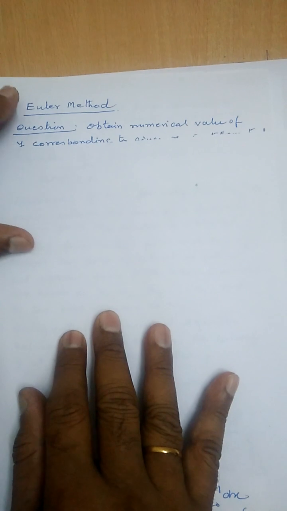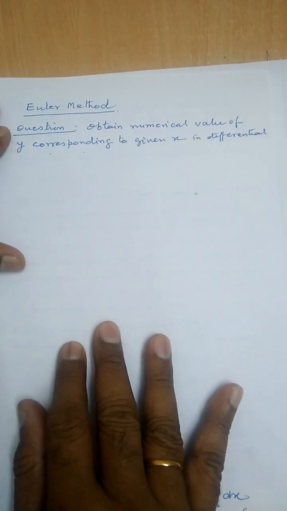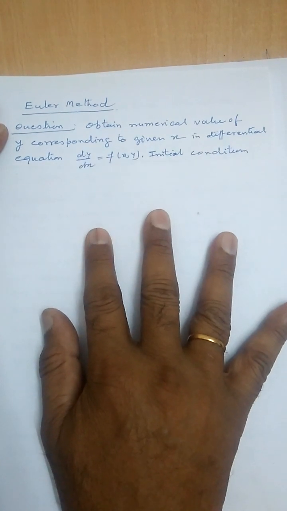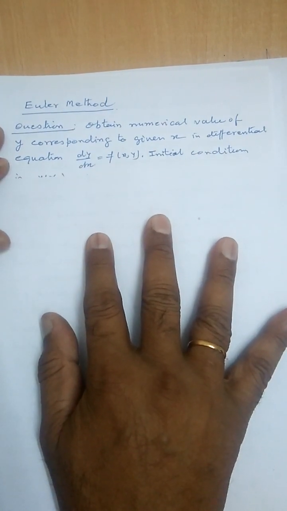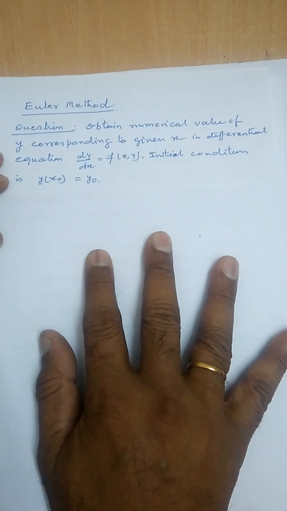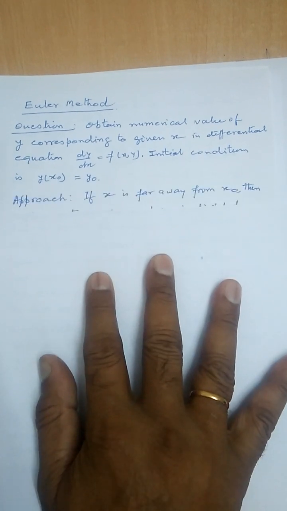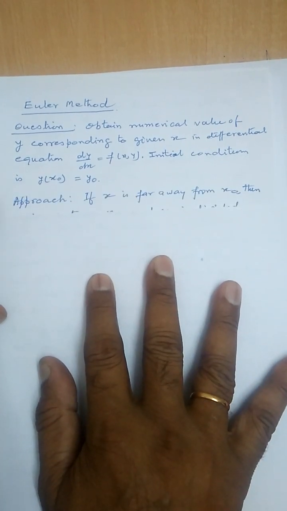Question: obtain numerical solution of y corresponding to given x in the differential equation dy/dx = f(x, y). The initial condition is y(x0) = y0. This is the problem and we have to find the solution to this particular question. What will be our approach?